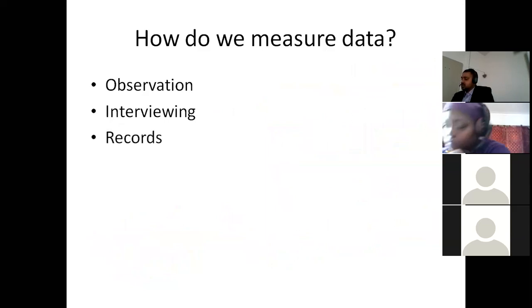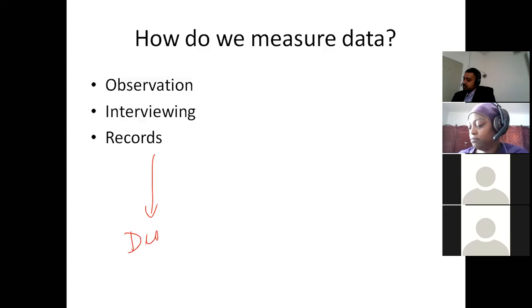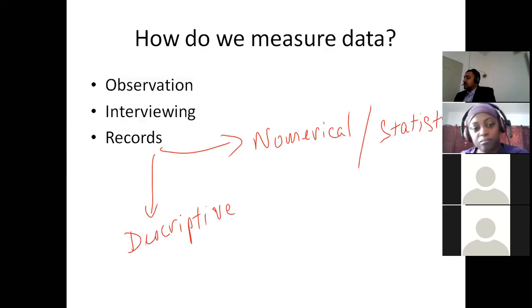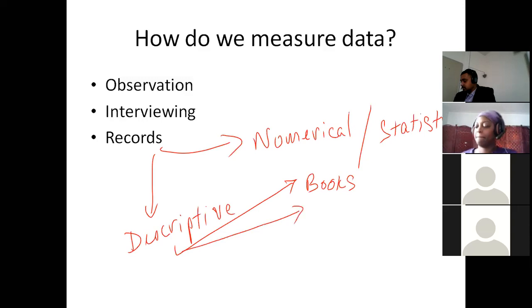We also measure data using records. Records could be descriptive records. They could be statistical records, okay? So examples of descriptive records would be newspapers.